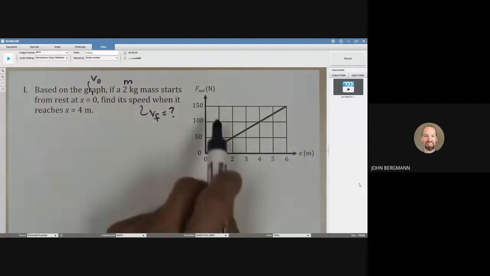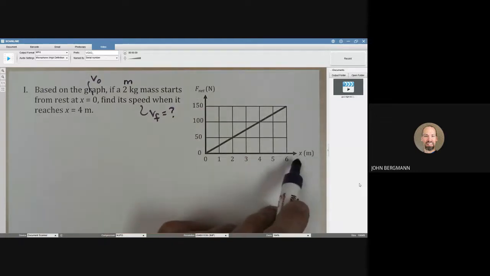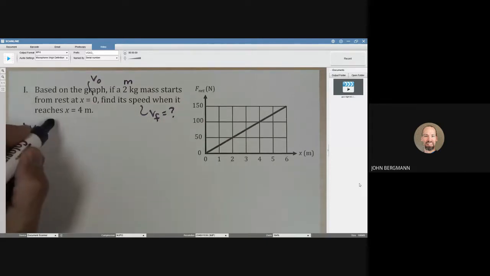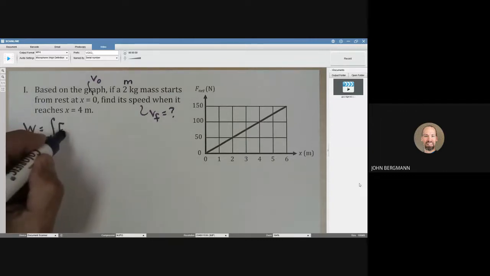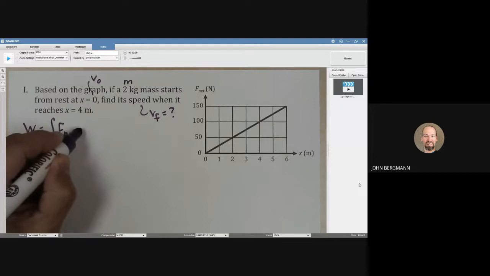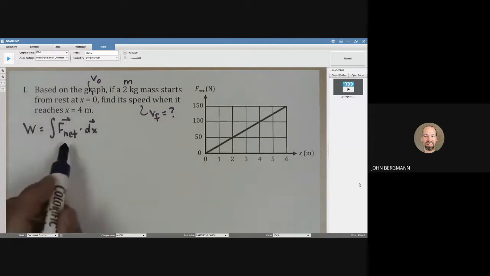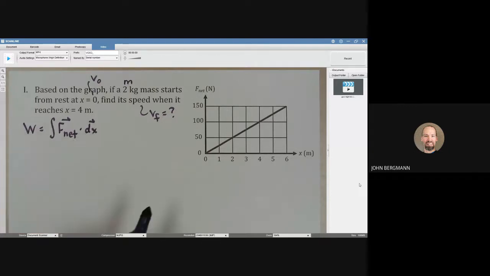I'm looking at this graph and I'm seeing newtons on the vertical axis and units of meters on the horizontal axis. If we go back to the big picture equations, there's an equation that says if you have a force and you multiply by a displacement, you get the work done.